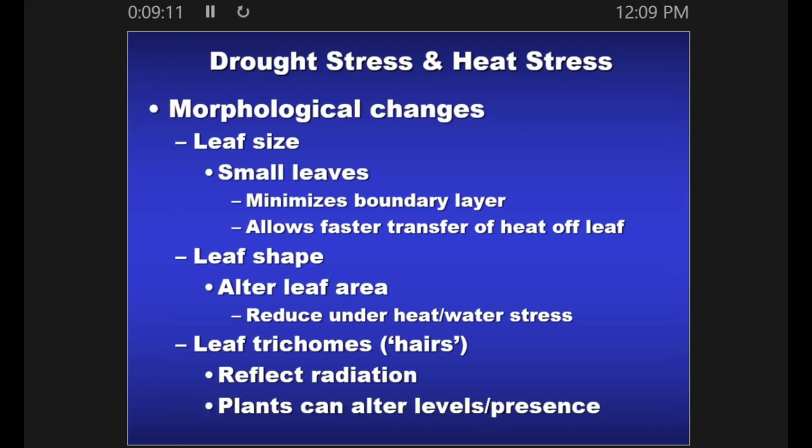And it just minimizes transpiration rate. It slows it down. It creates more of a physical barrier for air, wind flow across the leaf. So if you can slow down any of that stirred up air around the leaf, it will slow down transpiration. So some interesting changes that they can make with their leaves. So even on the same plant, when it's putting out new leaves, they can make these changes.